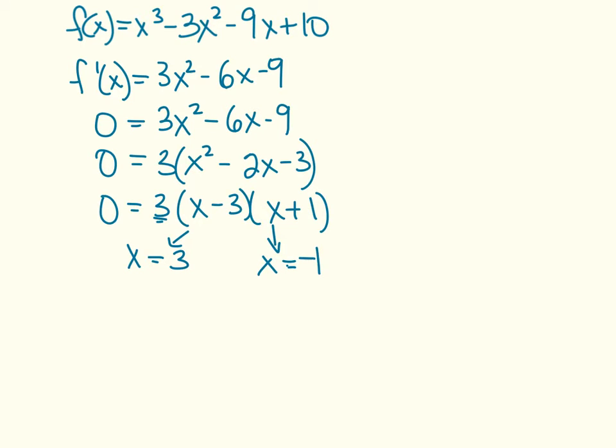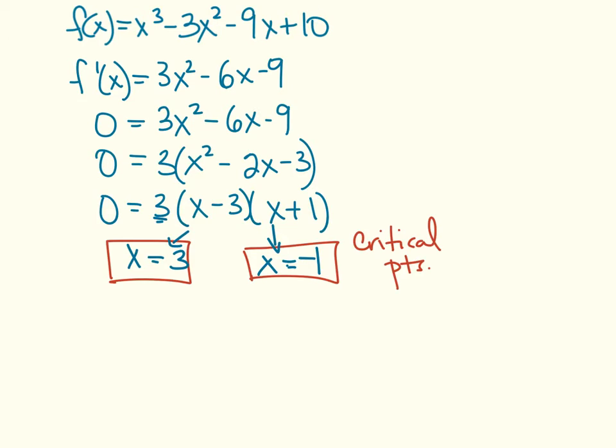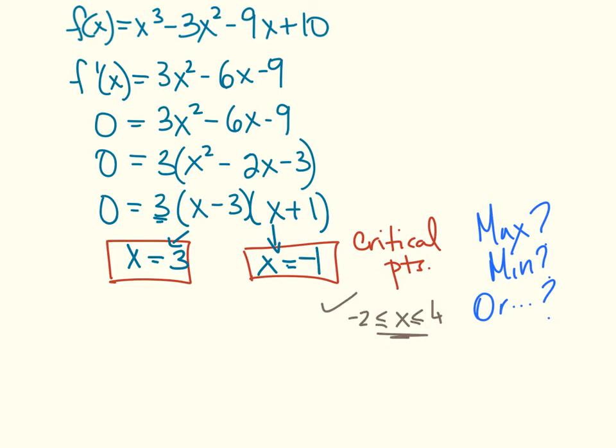We're going to refer to these as our critical points. We know it's either a max or a min or something important where the derivative is equal to 0. Now let's check if it's within the range. Both x equals 3 and x equals -1 are between -2 and 4, so we can use these for our max and min.